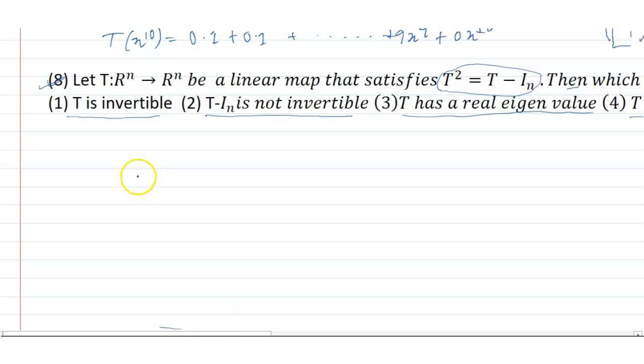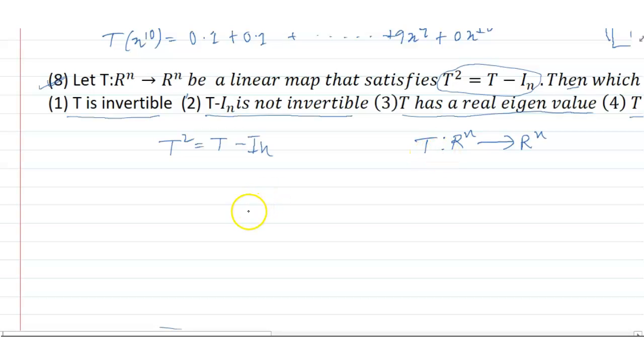So friends, whatever you see, T square is equal to T minus I n. The problem is T such that R to the power n tends to R to the power n.